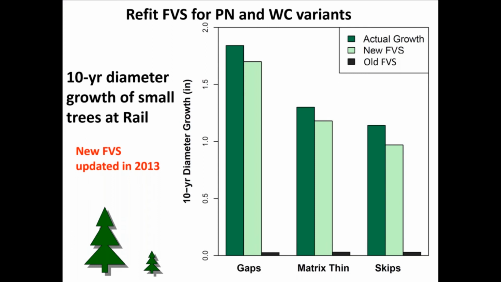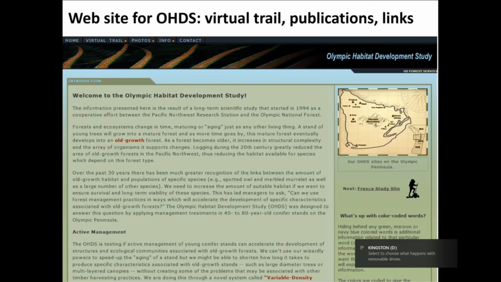And so in the old FES, those trees never grew into the larger size category. And FES has always done a fairly good job in predicting growth of the larger trees, but it just wasn't doing a good job in predicting the growth of smaller trees. So it's really nice that we could use data from this and other research studies to update FES.